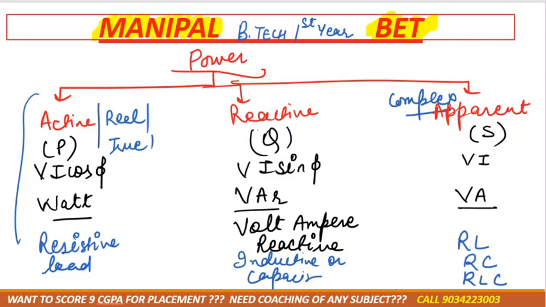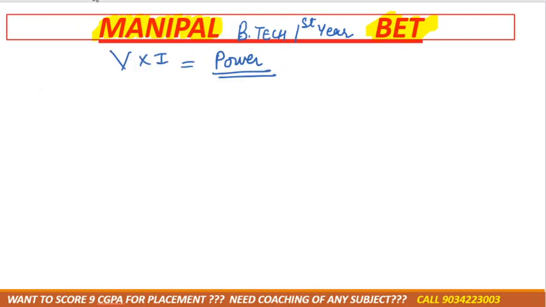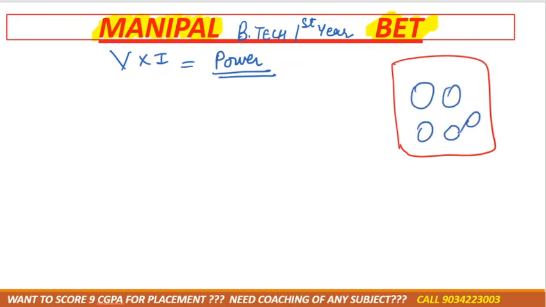Now see, I'll give you one example. Suppose you are eating a packet of chips, Lays, and you'll get only 4 or 5 chips in a 10 rupee Lays, right? So the chips which you are actually consuming, that is active power. Got it? Because you are actually consuming, and the rest of the thing is gas, right?